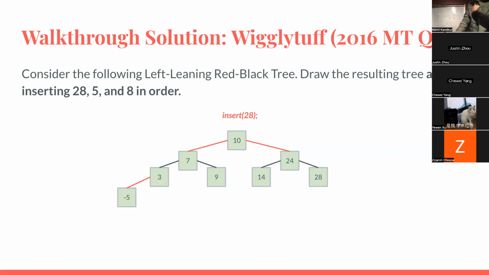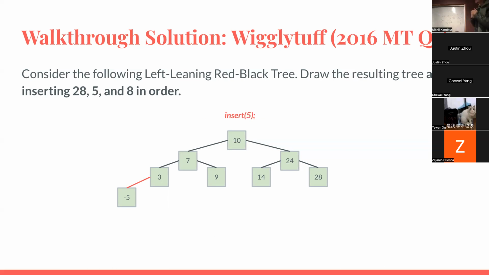That's the temporary 4-node violation. So once again, we have to color flip one more time on the root, which means color flip on 10. Once that happens, all of its outgoing links, so just the left and right child, are going to be black. And then insert 28 is actually finished at this point because there's no violation anymore, right?